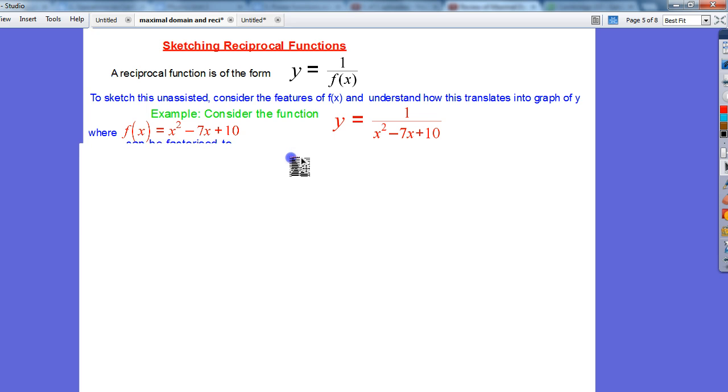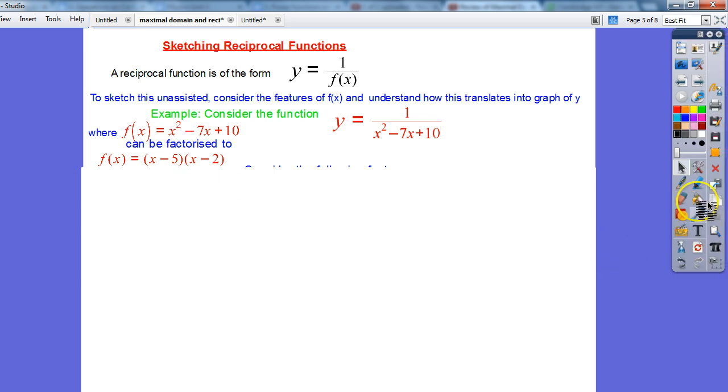So let's start with this example. Here we go. We have 1 over a quadratic, x squared minus 7x plus 10. And fortunately, this quadratic can be factorized like so: x minus 5 and x minus 2. Good start.